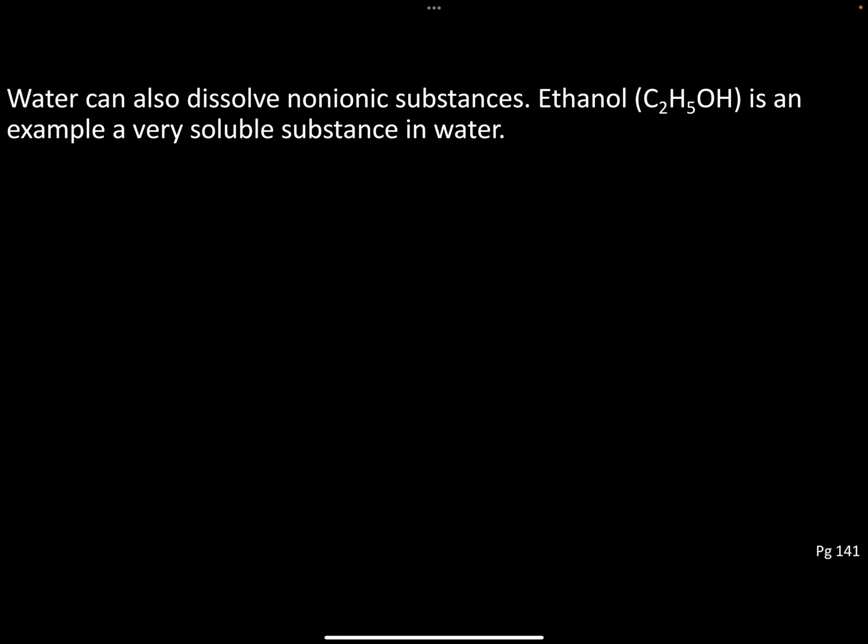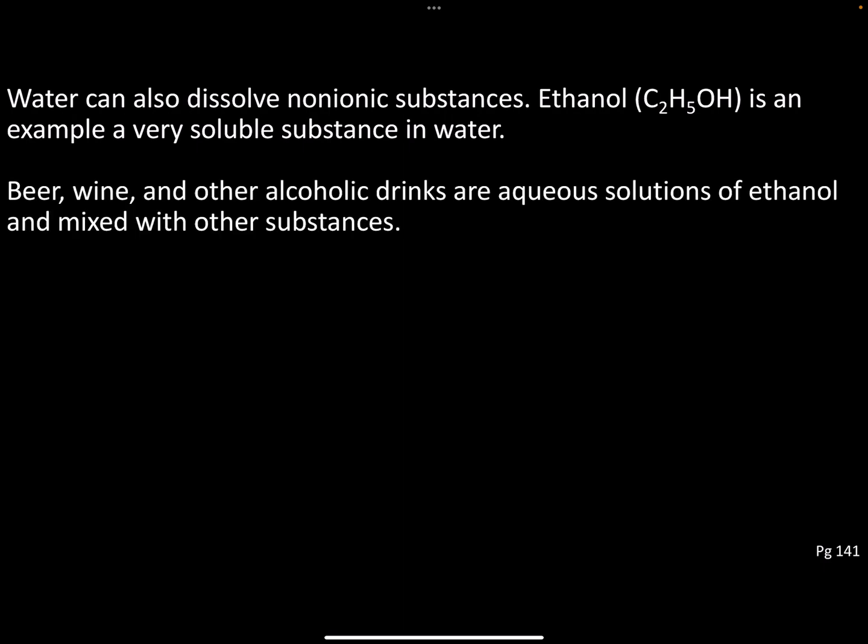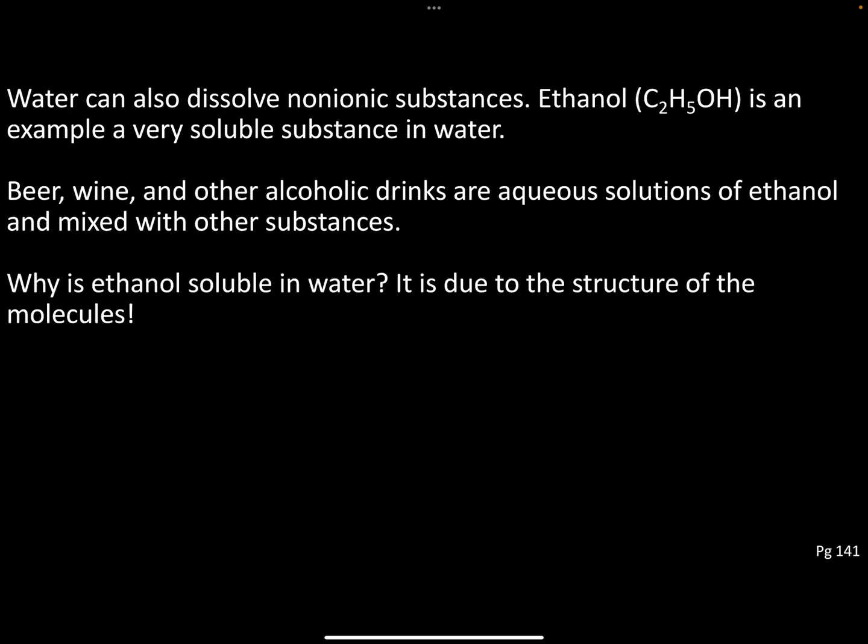Water could also dissolve non-ionic substances. For example, ethanol is very soluble in water. Beer, wine, and other alcoholic drinks are aqueous solutions of ethanol mixed with other substances. So they are just ethanols separated by water that have been dissolved by water. That begs the question, why is ethanol soluble in water? Well, it's due to its structure. So we're seeing this again, this idea that structure dictates solubility.